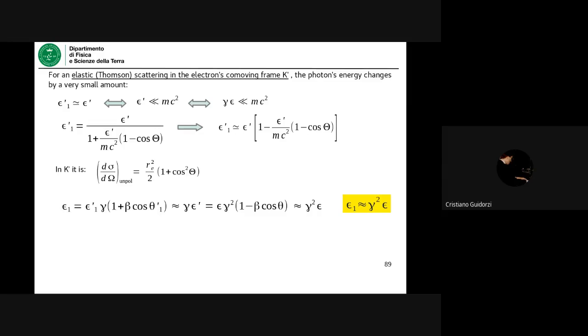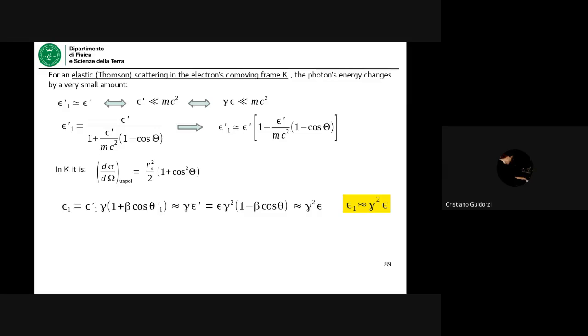This square dependence on the Lorentz factor of the electron is something that you have to remember for all your lifetime as a physicist.